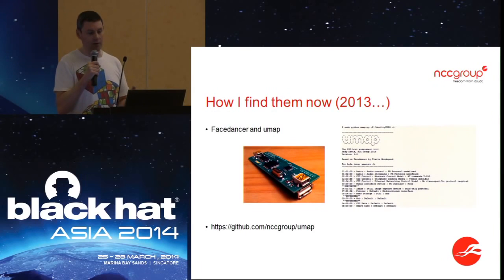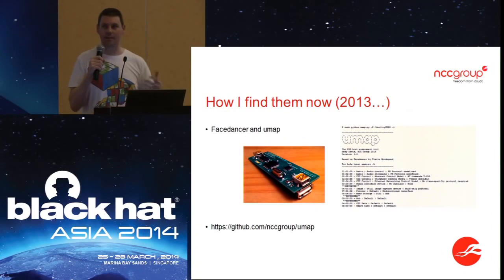And the tool that I wrote, UMAP, which controls the Facedancer, is available on GitHub. I released it at Black Hat USA last year, and it's something that will develop over time. At the moment, it's got a reasonable list of base device classes that allows you to pretend to be those different devices.